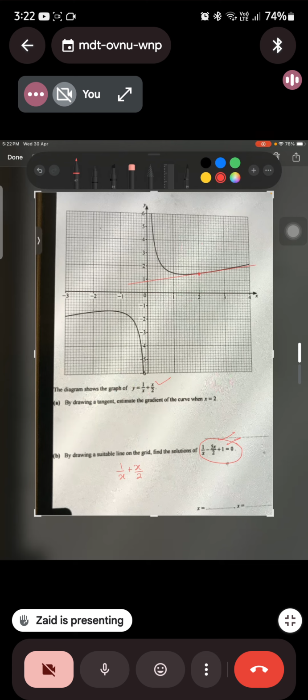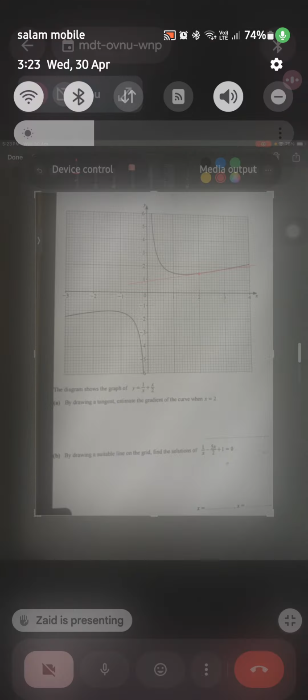Okay, and is equal to, if we shift everything to the other side, so what can we write? 5x over 2. अगर इसको मैं दूसरी साइड पे ले जाऊँ, देखो भाई, first thing you can do is 1 over x minus 5x over 2 plus 1 equals 0. ठीक है?